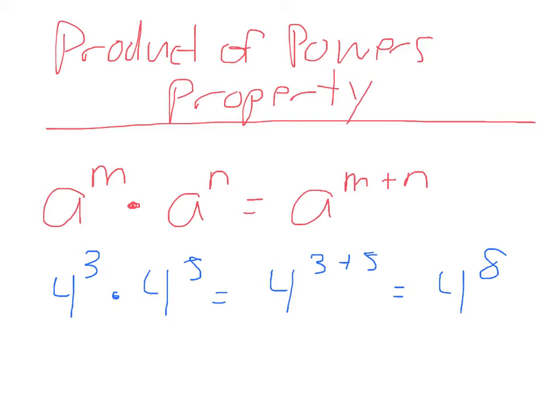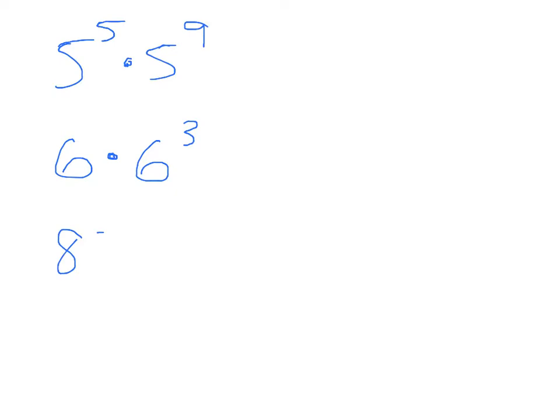Let's take a look at some more problems. Why don't you do the following for me? 5 to the 5th times 5 to the 9th. 6 times 6 cubed. 8 to the negative 3rd times 8 to the negative 7th.